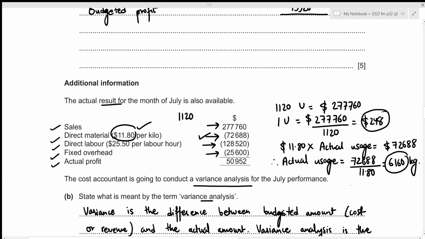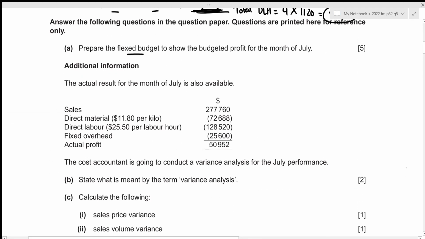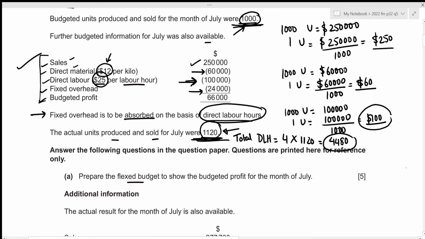We already figured out that the actual uses was 6,160. Now let's figure out our budgeted uses. So we first need to figure out our budgeted number of kilos required per unit, right? And in this case, we already figured out that the price per unit for our direct material is given to be 60, and also know that the cost per kilo is given to be 12, right?